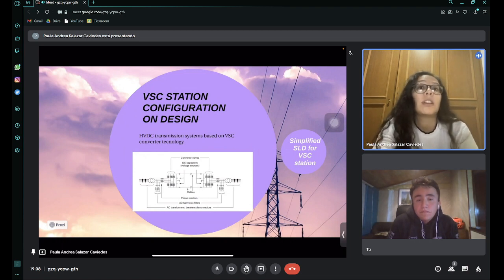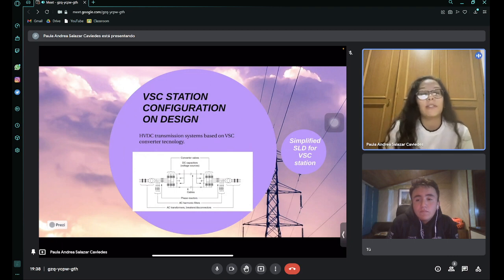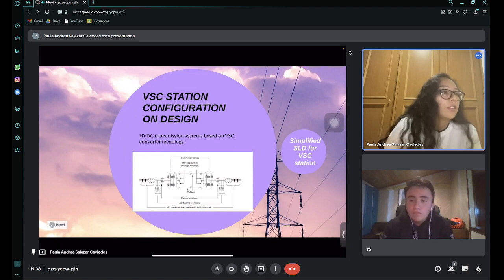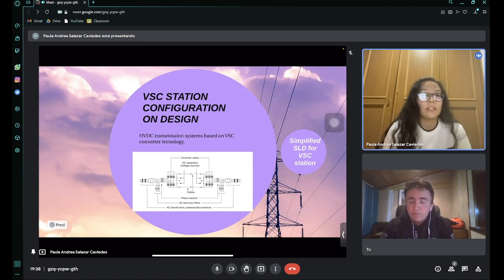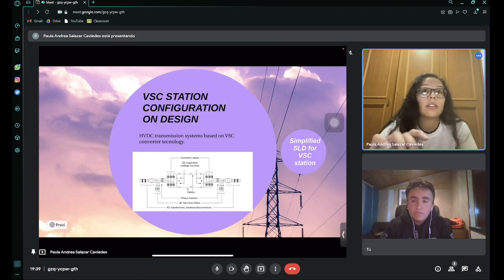The DC capacitors are grounded, and the electrical center point establishes the earth reference in the circuit. We also have the converter valves almost in the middle, and we normally use the three phases.